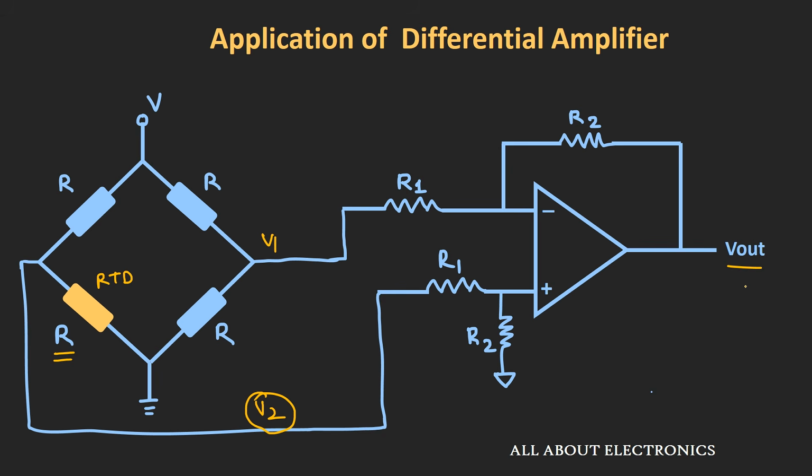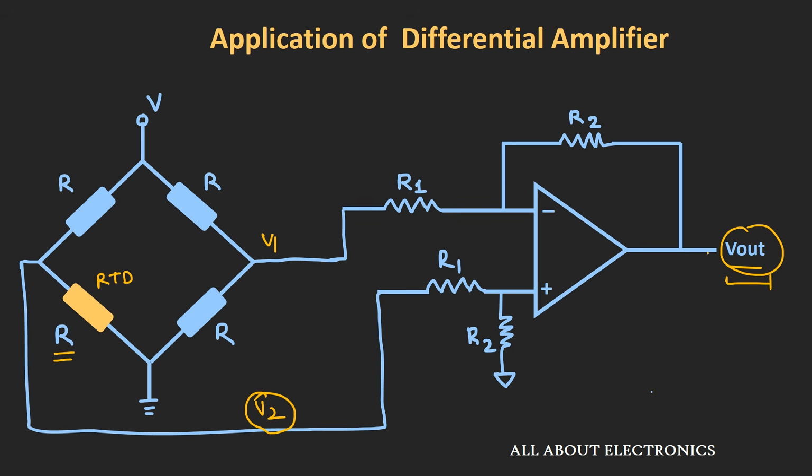So let us say if we want to control the temperature of some room, then we can use this sensor along with this differential amplifier. So by triggering the other circuitry based on this output voltage, we can control the temperature of the room. So this is how this differential amplifier can be used along with the sensors.